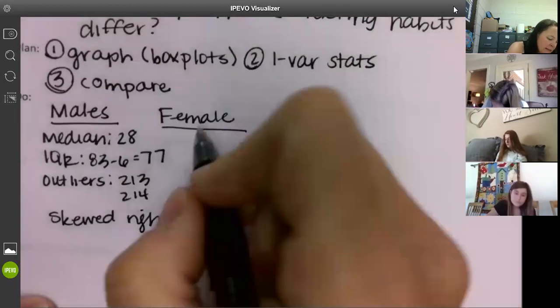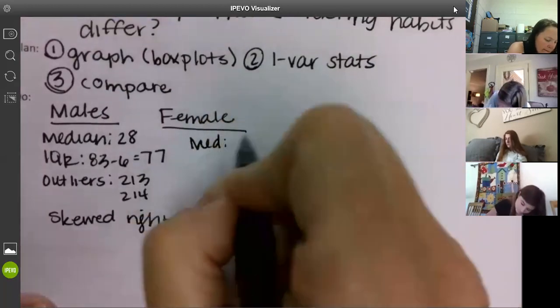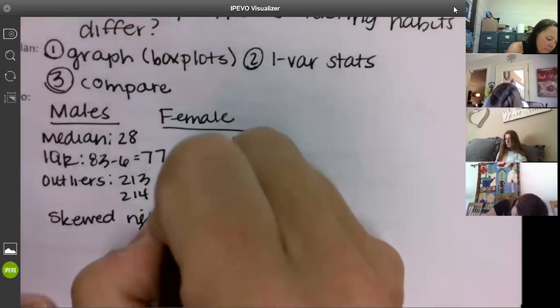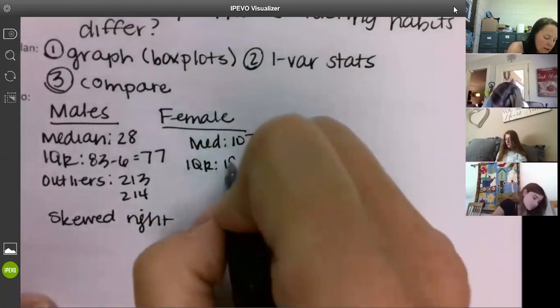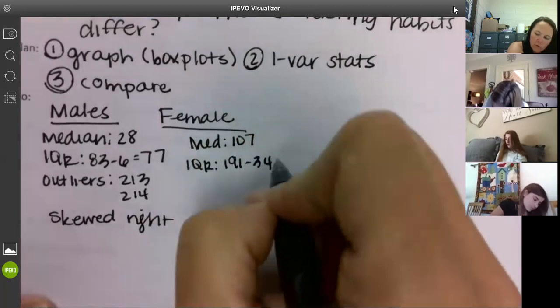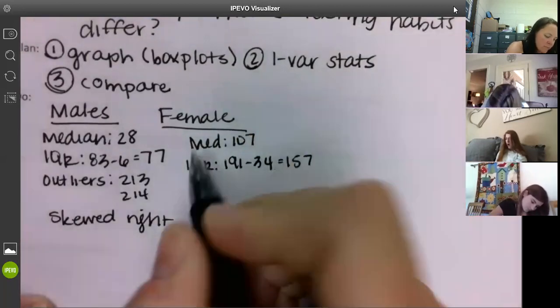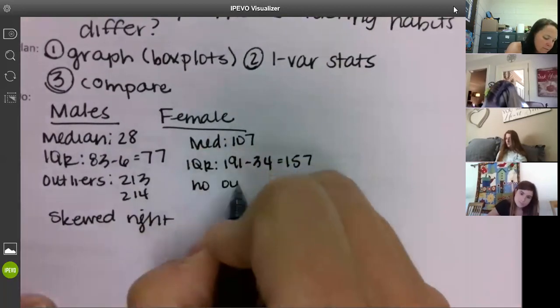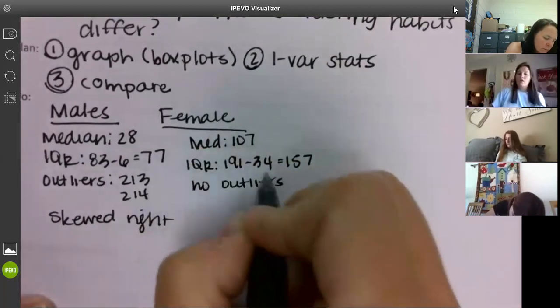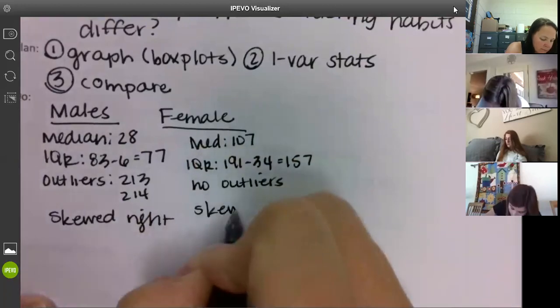The female median was 107. The IQR was 191 minus 34, which is 157. You had no outliers. And it was also skewed right.